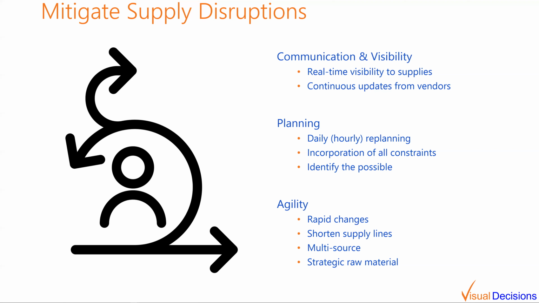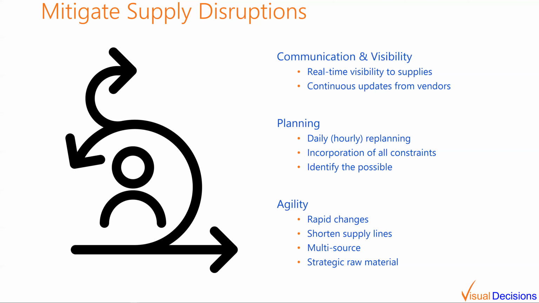And if you can incorporate all of the different constraints, or at least as many as possible, including labor and who's available to work in a given day and so forth, those are going to be things that are going to help you understand what is possible to be delivered, and to minimize the impact on performance that these disruptions are causing.